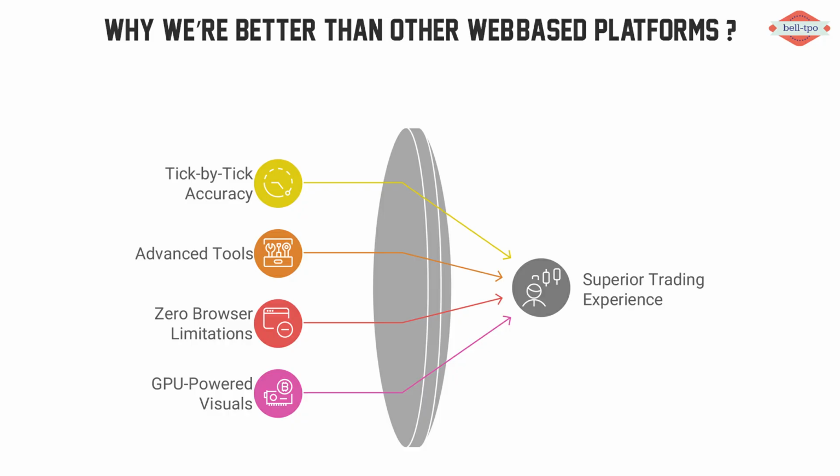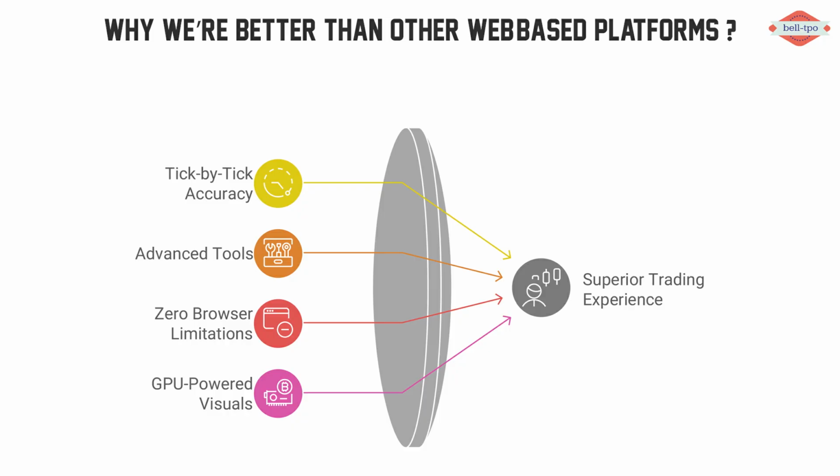And zero browser limitations, so no lag during volatile markets, as we are offering a desktop-based platform that ensures faster data rendering and greater stability than any other browser-based platforms.